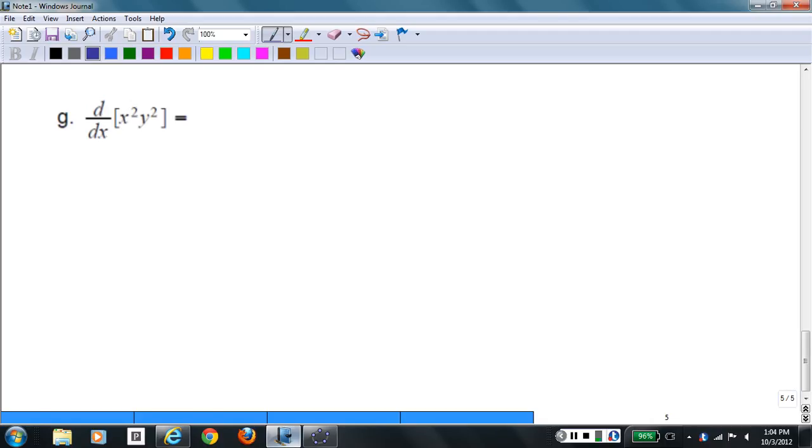Because if it were just x squared, we could find the derivative of x squared. And even if we're differentiating with respect to x, if it's just y squared, we can find the derivative of y squared. So we have two expressions, each of whose derivatives we know how to find. It's the product of them.